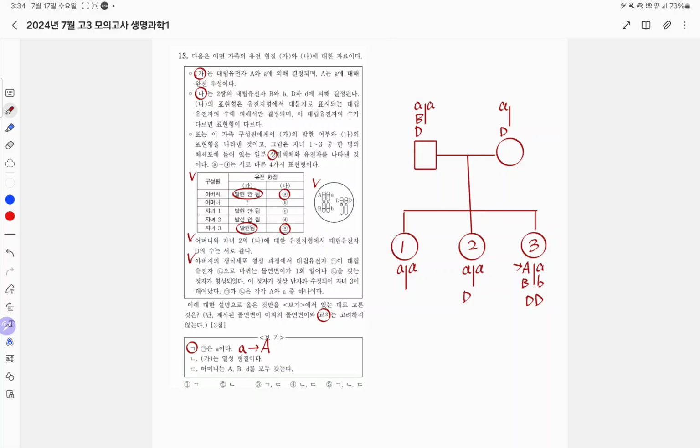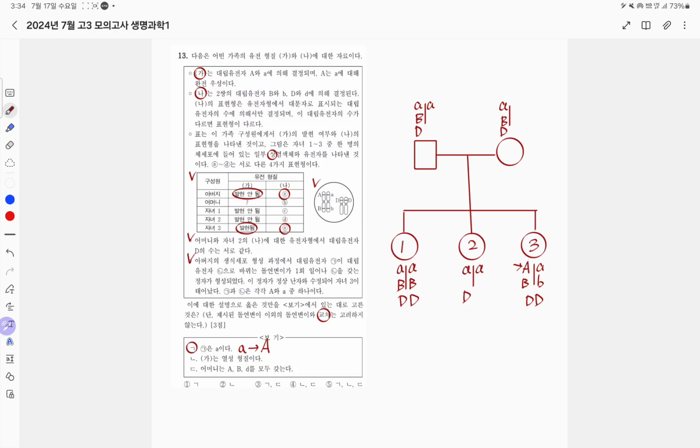So let's make the second assumption that child number 1 has 4 capital B and Ds. In this case, mother must have the chromosome with recessive a allele and capital B. And now mother has 2 capital B and Ds, and that's the maximum number.